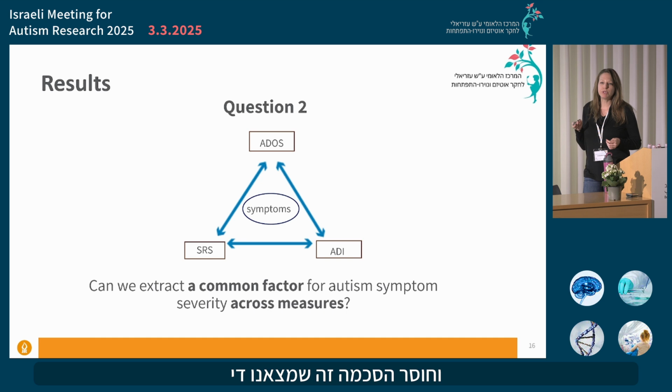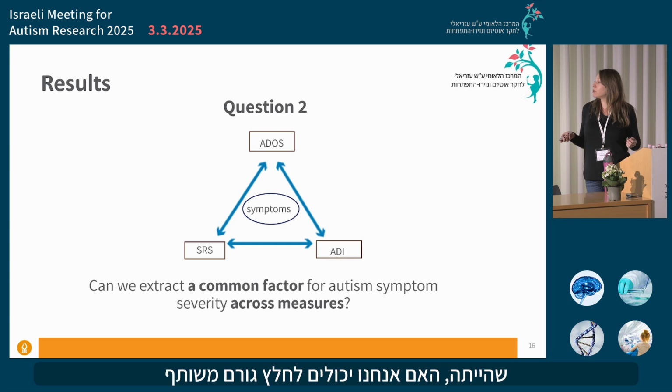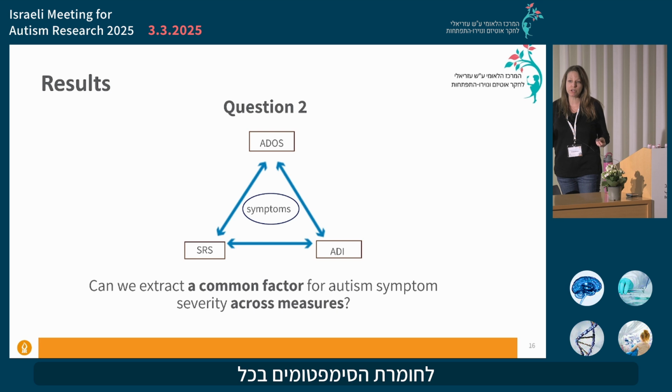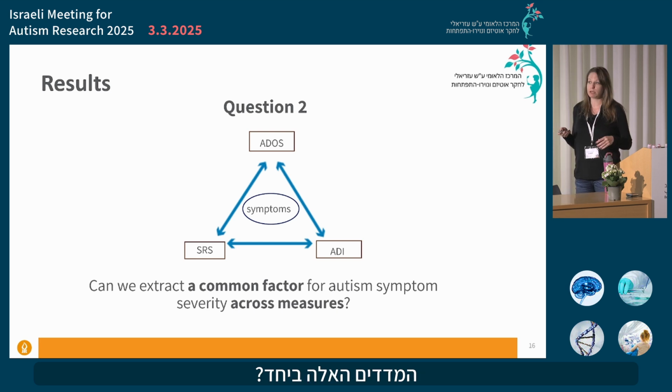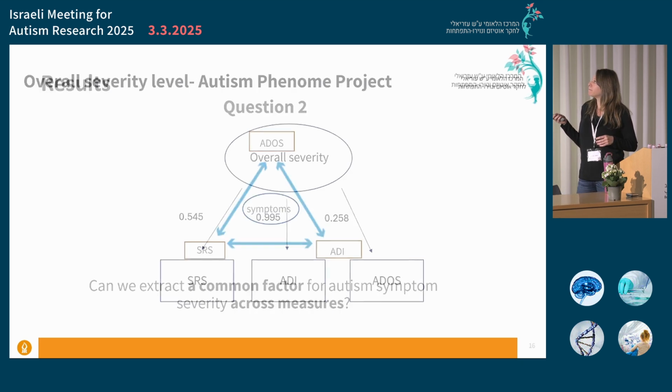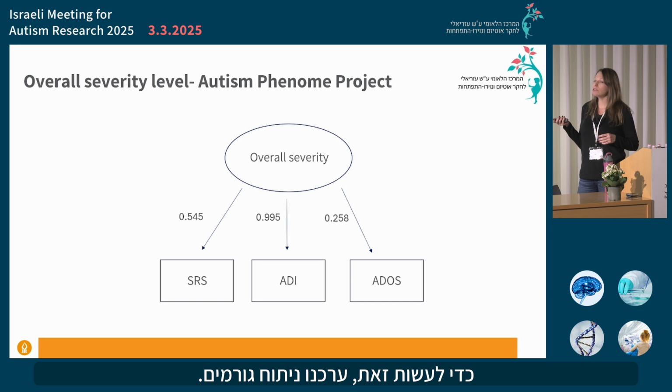And this lack of agreement that we found pretty much sets the stage for our second research question, which was, can we extract a common factor for symptom severity across all these measures combined? So to do this, we ran a factor analysis.